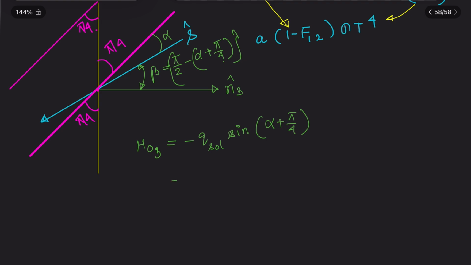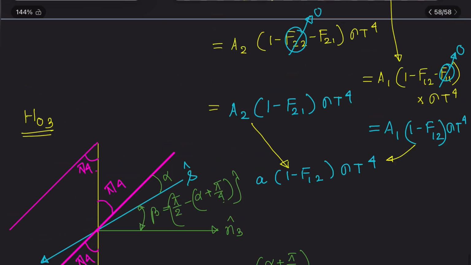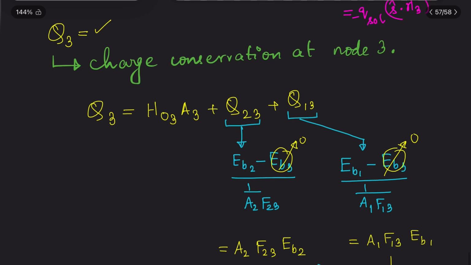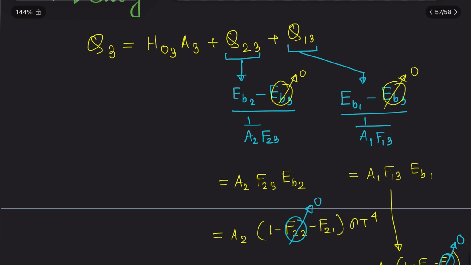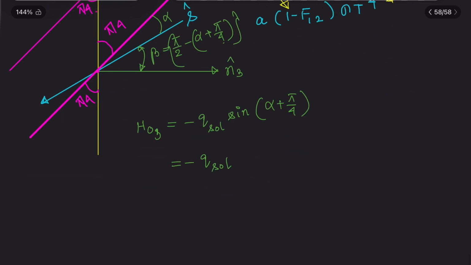If I expand it, then it will be minus q sol, sin alpha plus cos alpha by root 2.